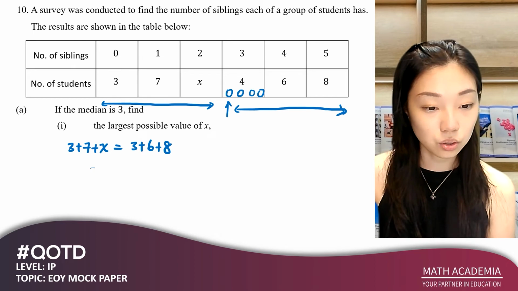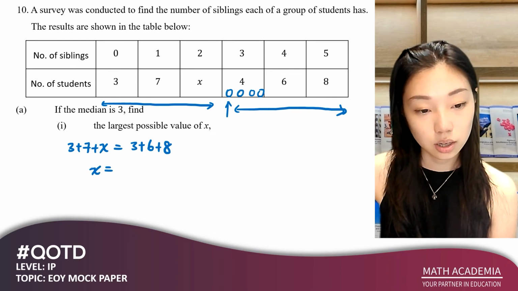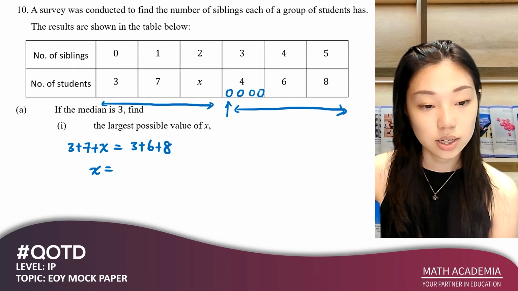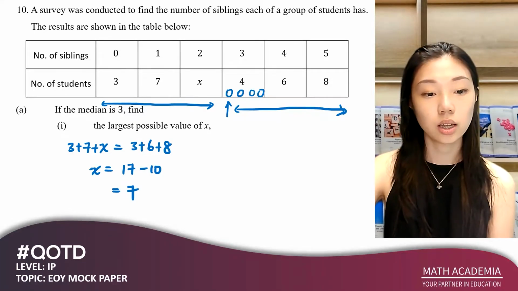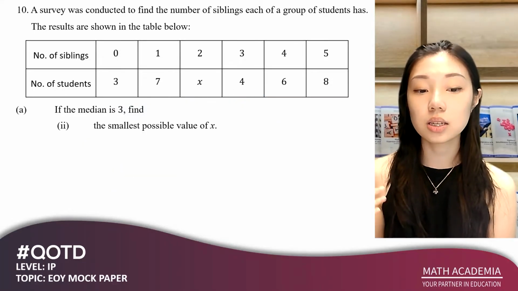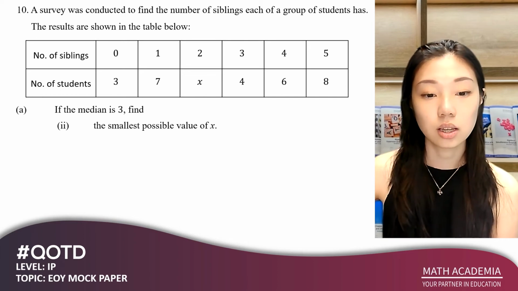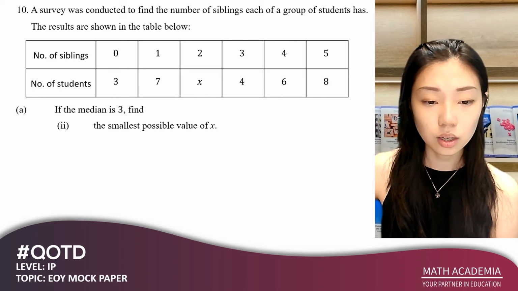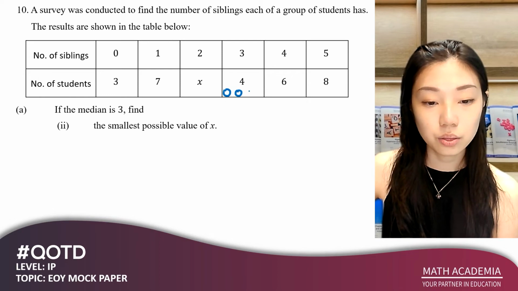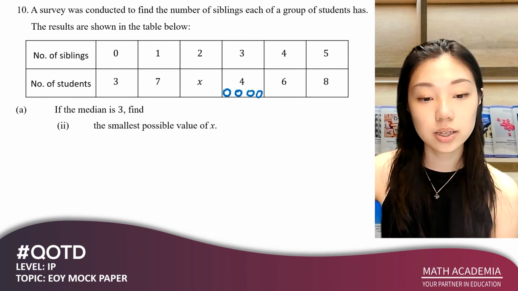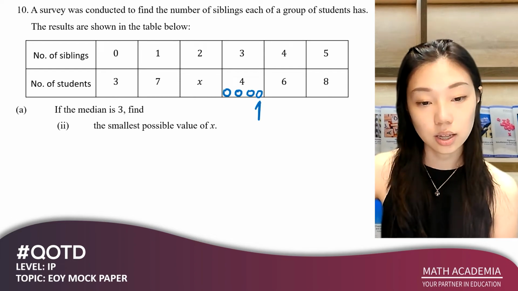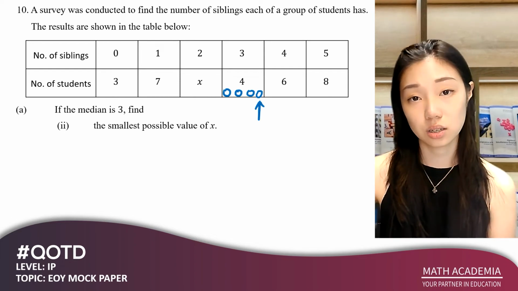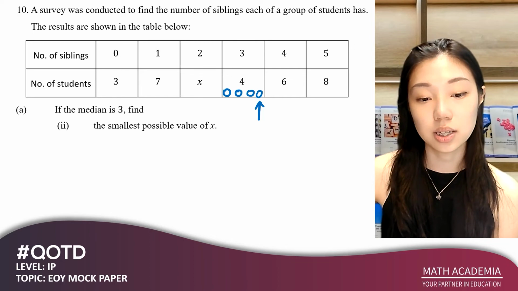So x would equal 17 minus 10, which is 7. Now I want to find the smallest possible value of x. Again, there are 4 people here with 3 siblings. If I want the smallest possible value of x, that would mean that the last student over here is the median.